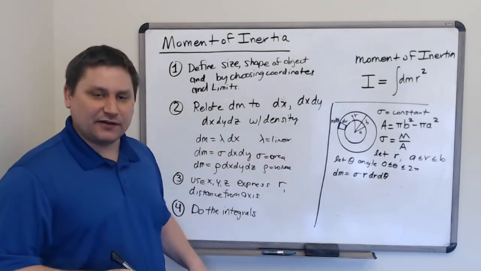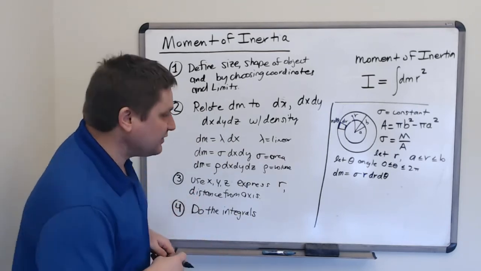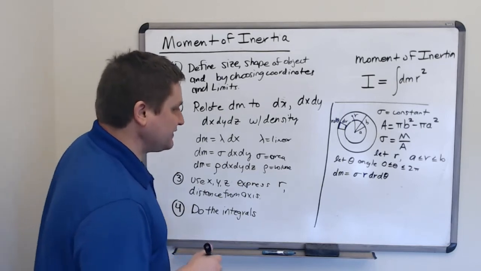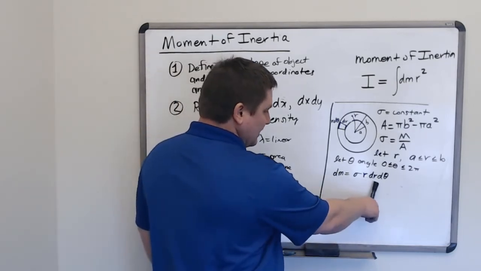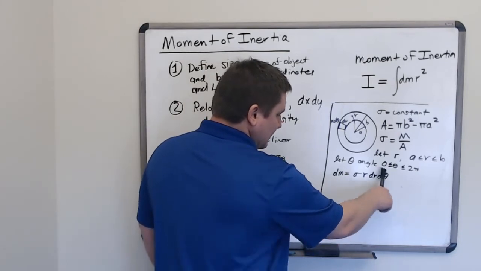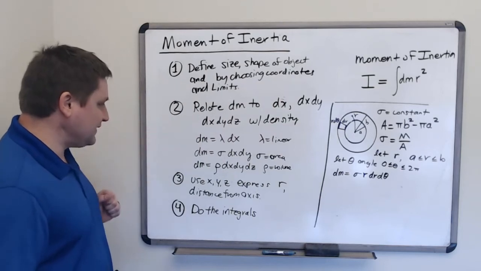This might seem familiar to you if you've done some two-dimensional integrations in your calculus studies. So now I've related my dm to my surface area element, basically. So step two is finished.